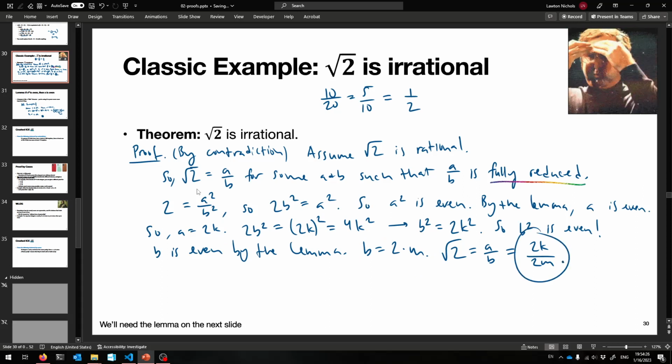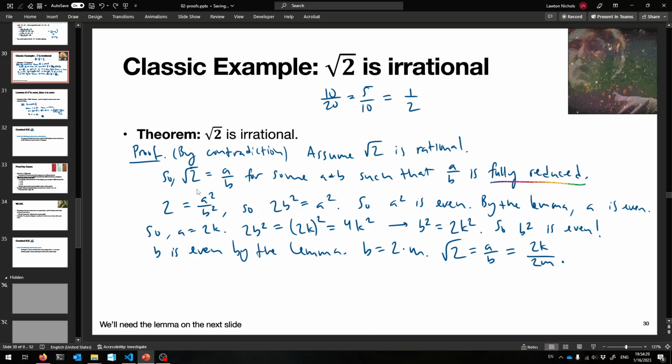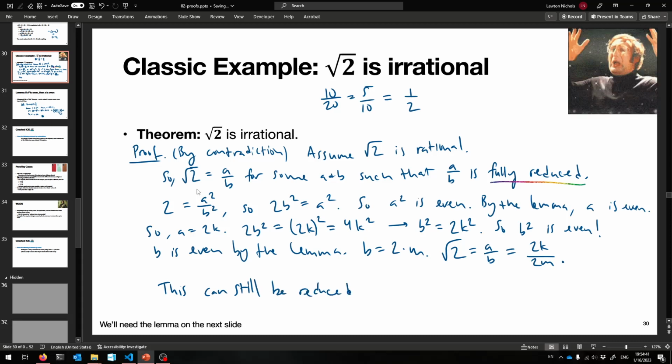What is special about this fraction? I can knock out a 2 from both sides and reduce it further. Ooh, this can be reduced still. That's my contradiction. It wasn't fully reduced. A over b was not fully reduced.